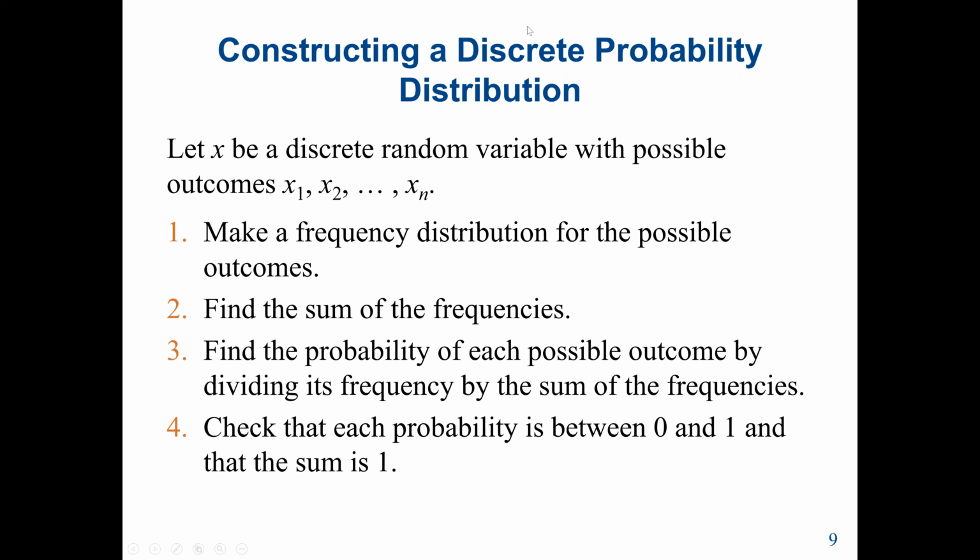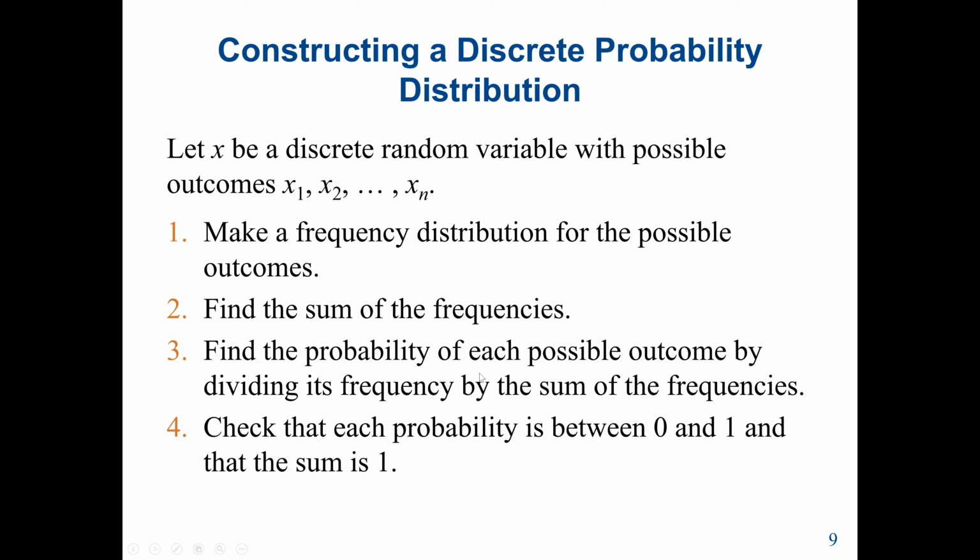First, again, we are going to construct a discrete probability distribution. We need to know the frequency distribution for the possible outcomes. Then we find the sum of all the frequencies. Now, if we know the sum of the frequencies, for each category of the random variable we divide that frequency by the total frequency, and that will give us the probabilities.